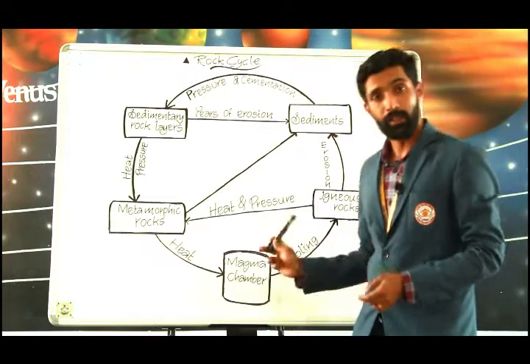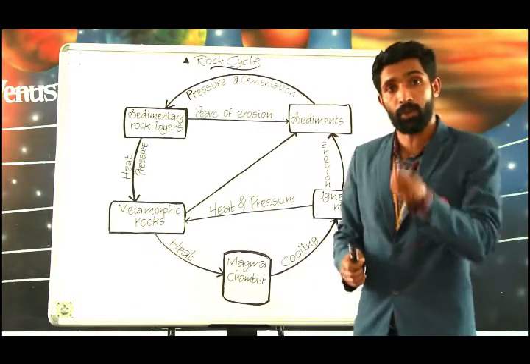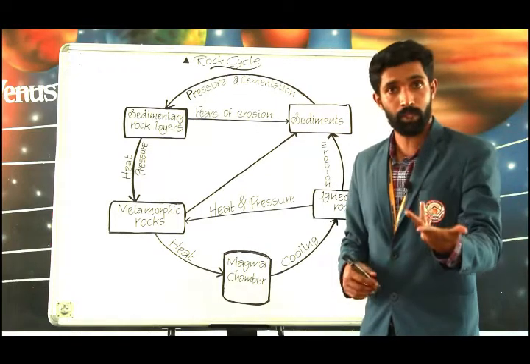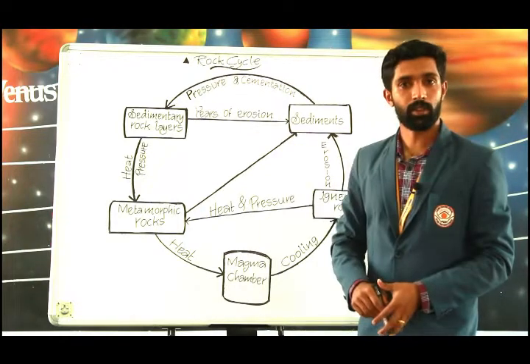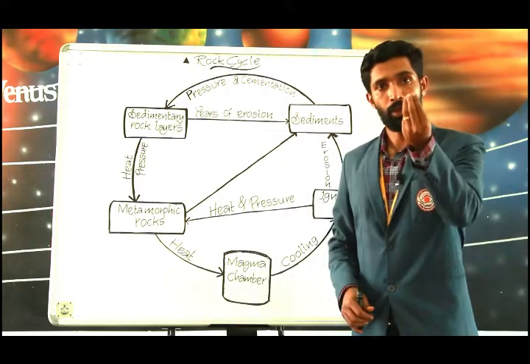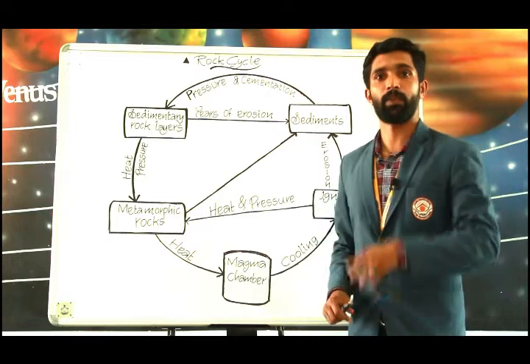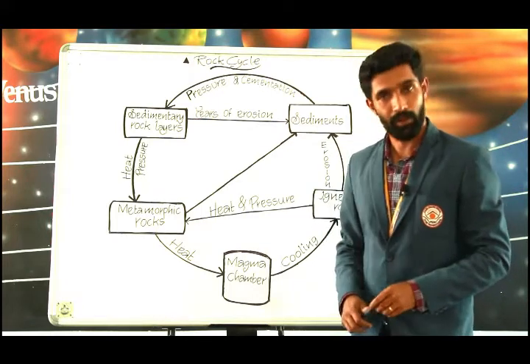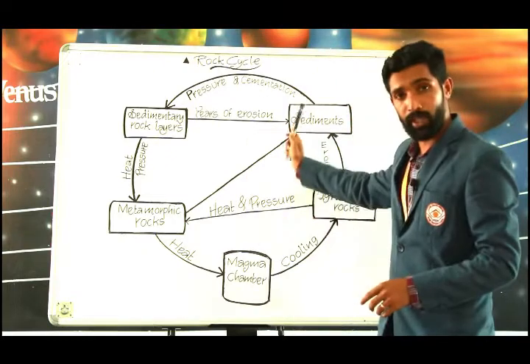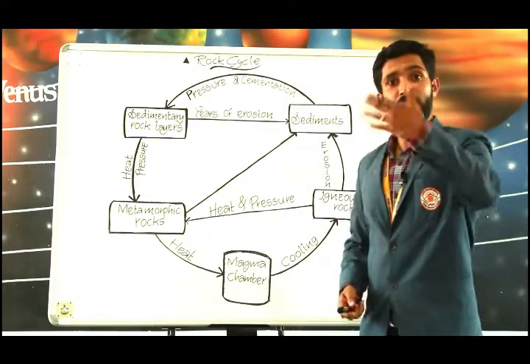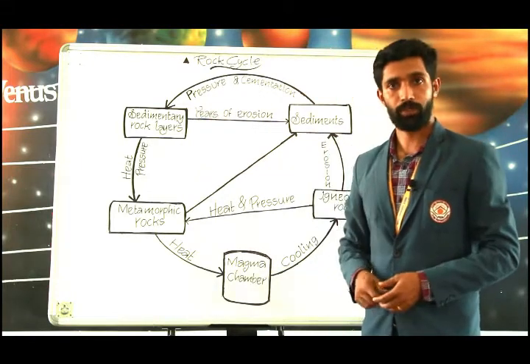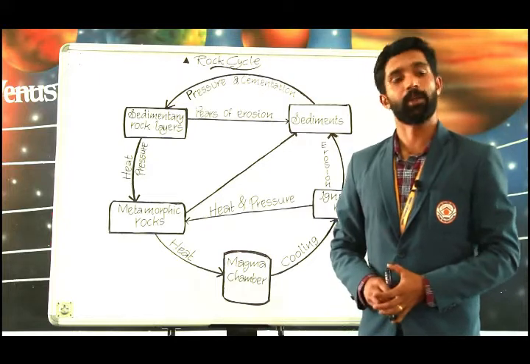Clear? Then these rocks are broken down to form sediments, small pieces, which produce sedimentary rocks. Then igneous and sedimentary rocks are changed into metamorphic rocks due to extreme heat and pressure.